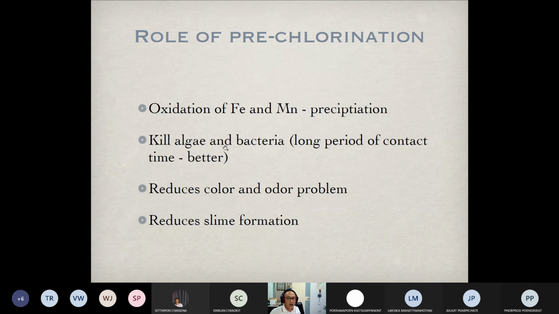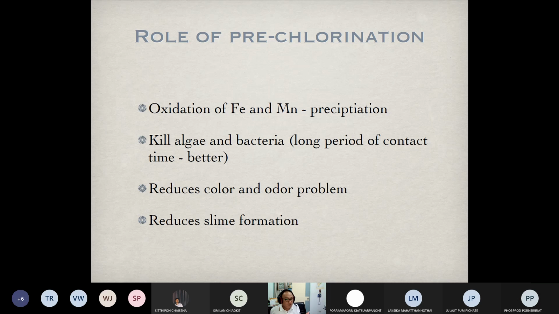But anyway, the major objective of pre-chlorination is not to kill the germs. It's not to disinfect the microorganisms. We just add certain amounts of chlorine to kill some algae and some bacteria, but not to disinfect the germs.